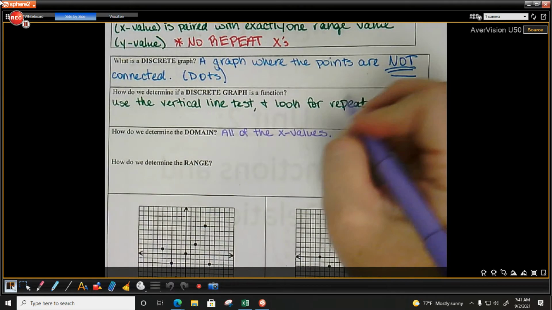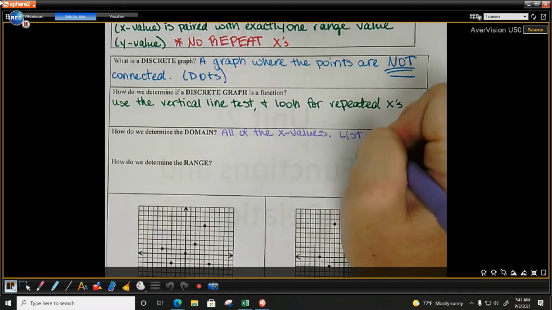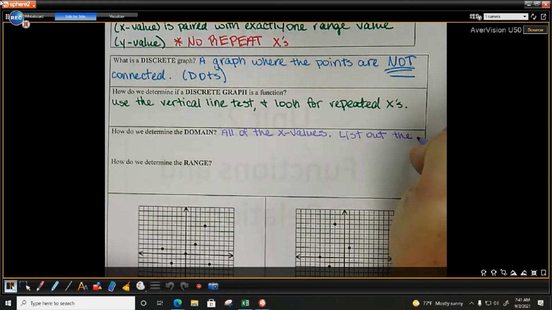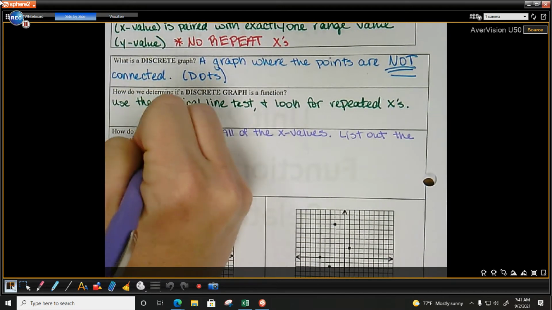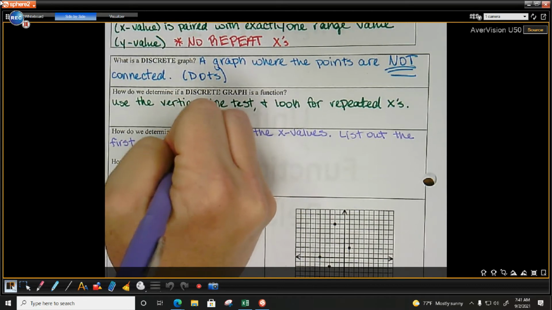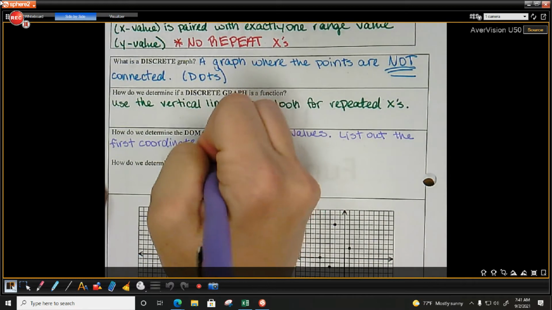The way that we write our domain for a discrete graph is you list out the first coordinates, which are your x's, of the relation.